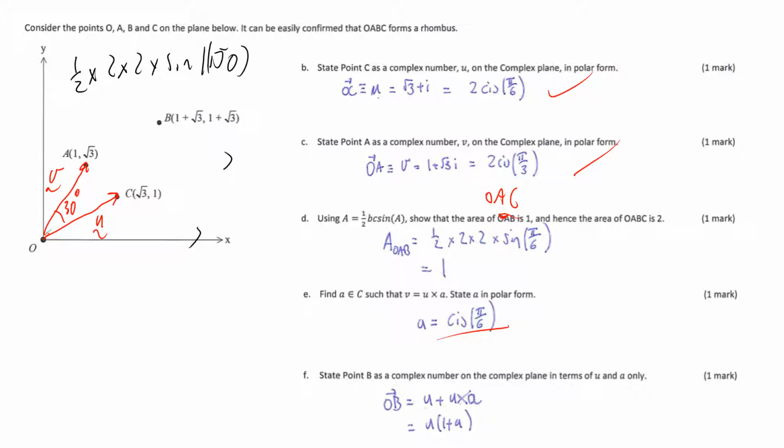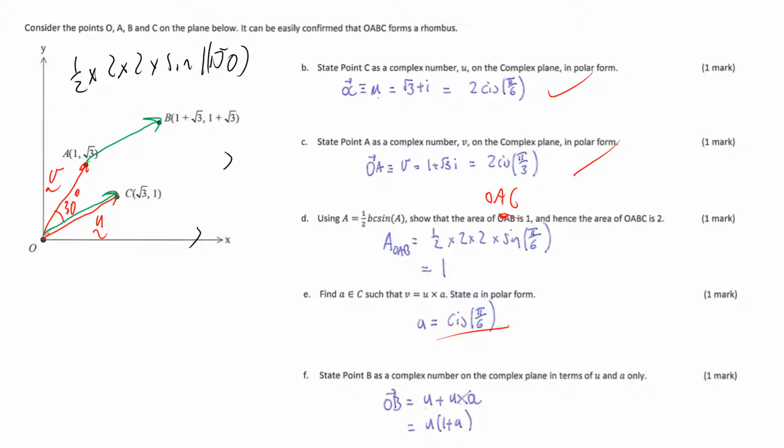Okay, state point B as a complex number on the complex plane in terms of U and A only. So B could be OA plus AB. So let's just highlight AB. Now AB is exactly the same vector as OC.